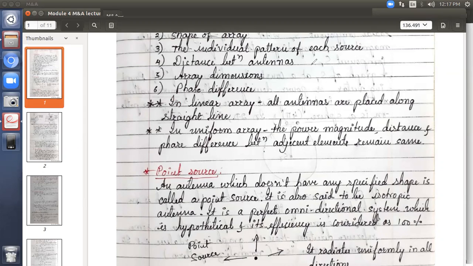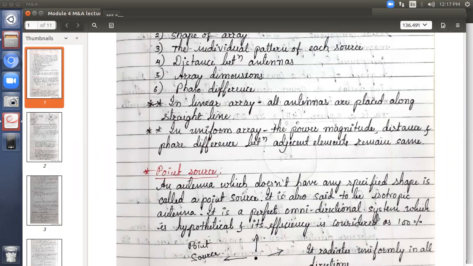Then only you can experiment on it to get a new version, right? So unless you first learn what is in it, you will not know the development stage: what you can develop, what you can modify, what you can invent. That's why you have studied some basic antenna parameters in module 3. So this is the continuation.